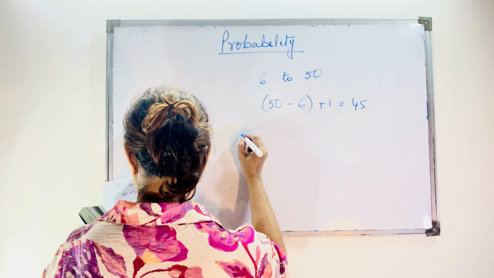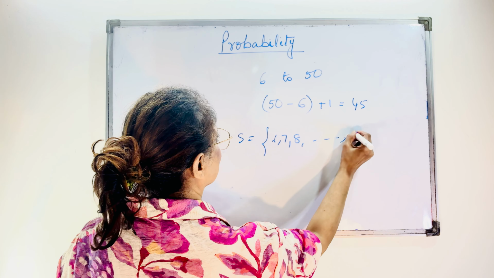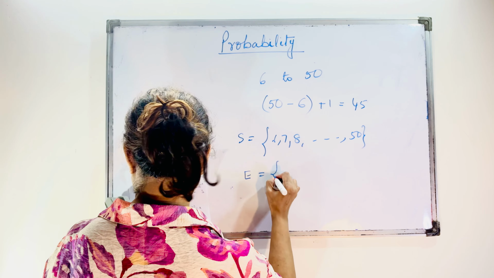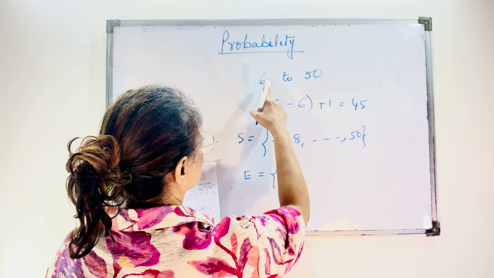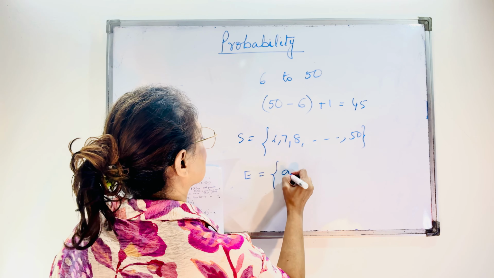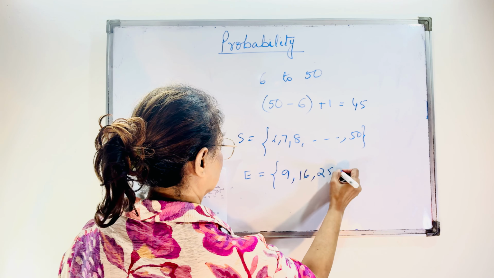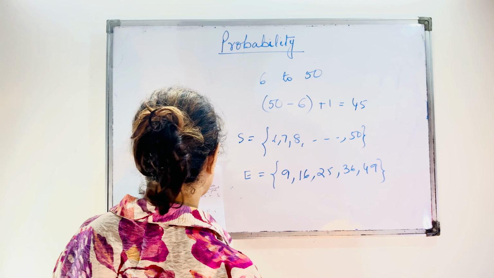So the sample space will have numbers 6, 7, 8 and so on till 50. And the event, the subset, will be square numbers, starting from 3 square: 9, 16, 25, 36 and 49. These are the square numbers.